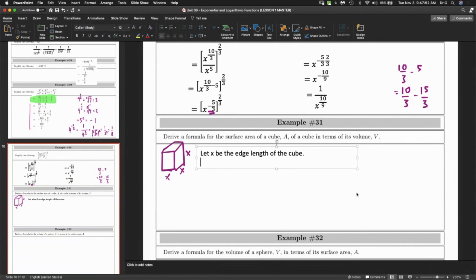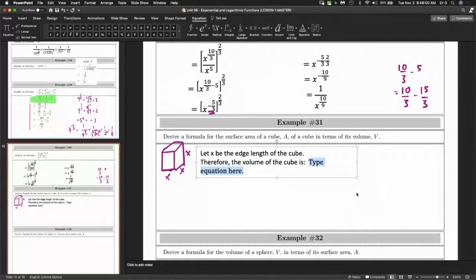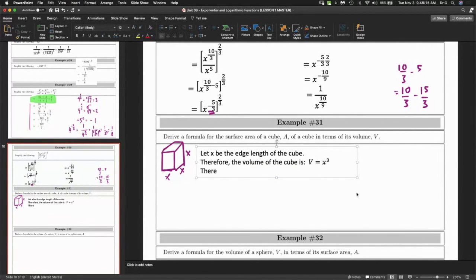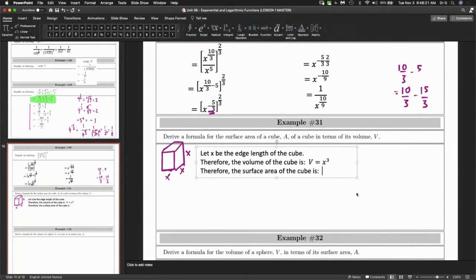What's the volume? What's the volume of the cube? In terms of x, can anybody tell me what the volume would be? Thank you very much. Good job. What's the surface area?